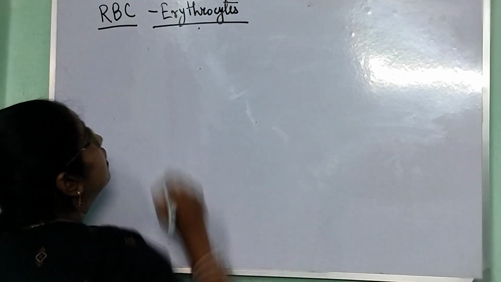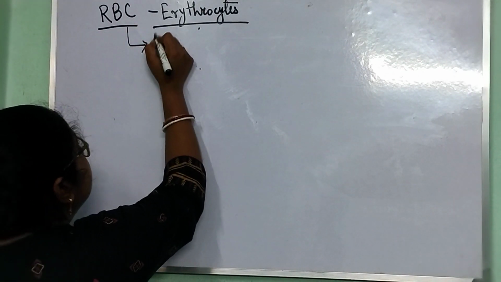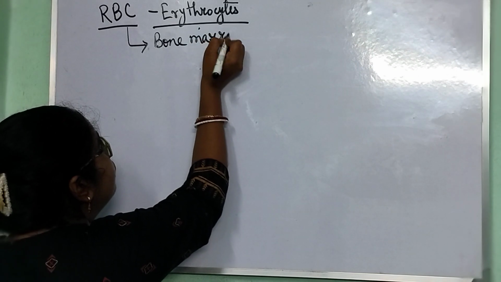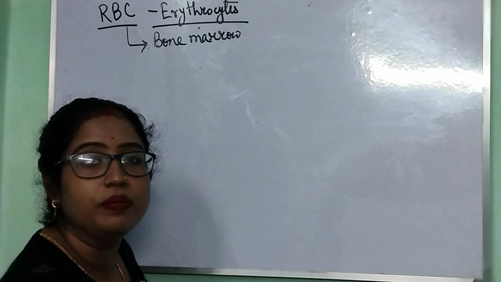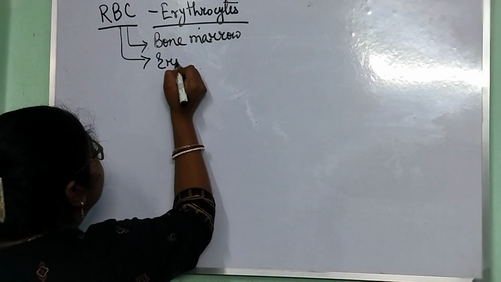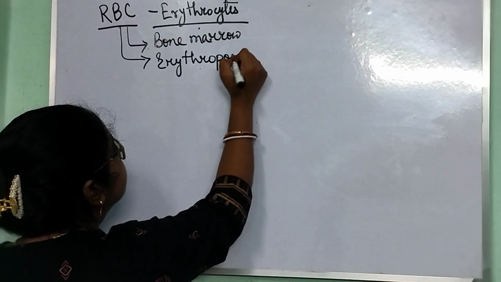RBCs are formed in the bone marrow of our bones, and the process of formation of RBC is known as erythropoiesis.